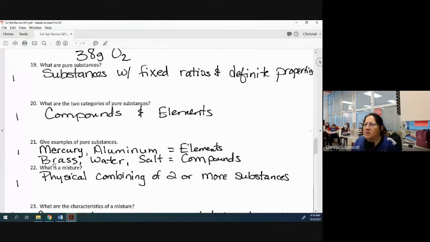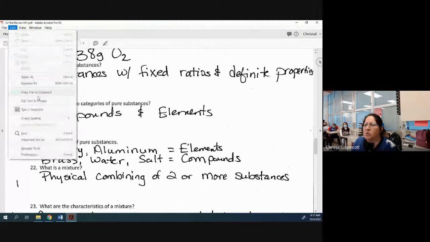Brass, I don't know if brass really belongs. It's kind of a mixture. I wouldn't really call that a compound. I would take that off. I don't think I can. I'm going to take that off. Edit text images.